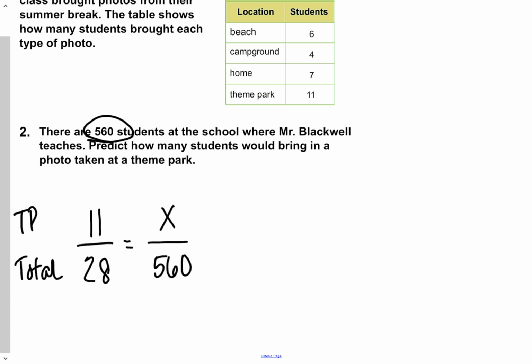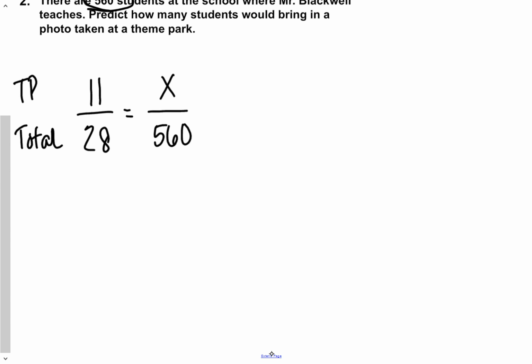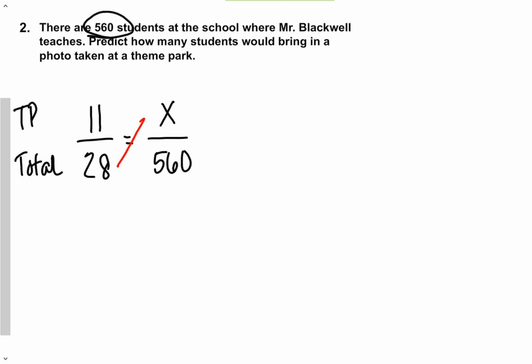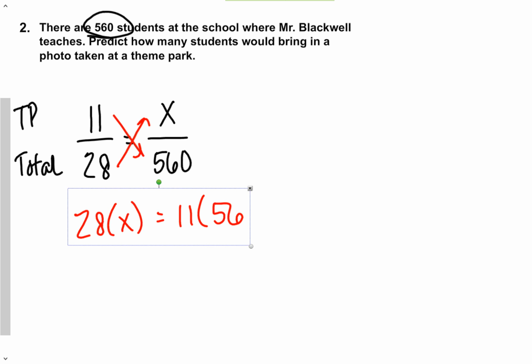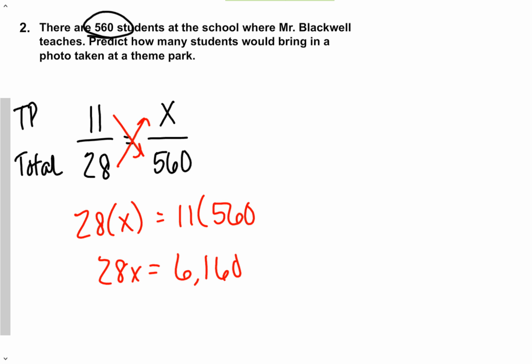So now we're going to use cross products to solve this equation. So 28 times X equals 11 times 560. Now you're going to find the cross product. So 28x equals 6,160.